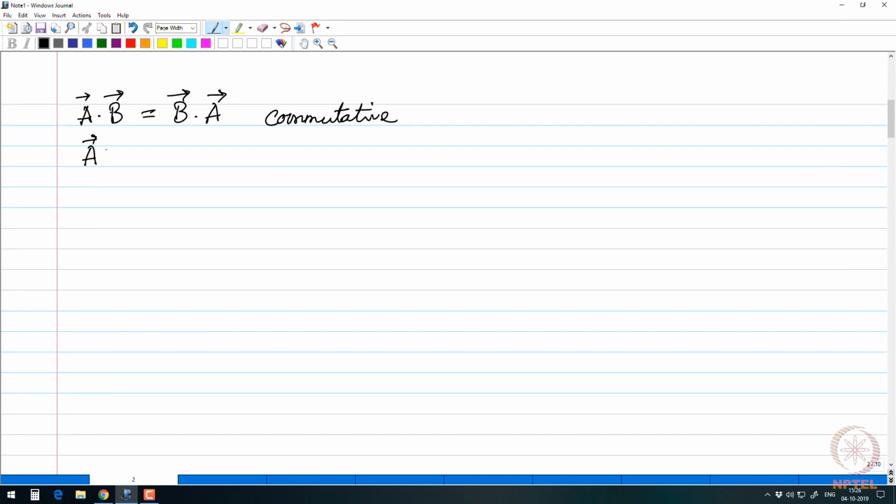That means A dot (B plus C) equals A dot B plus A dot C.